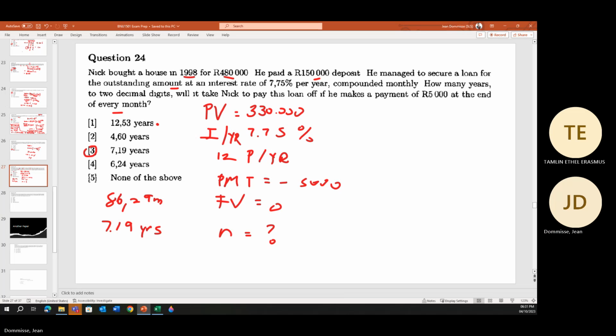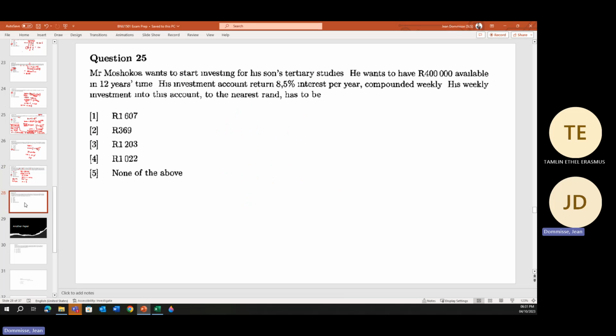Okay, so then the last one is looking at something where, again, Mr. Moshoko wants to start investing for his son's tertiary studies. He wants to have 400,000 available in 12 years' time.